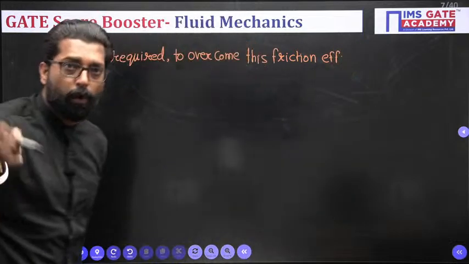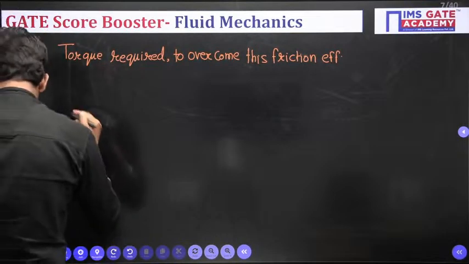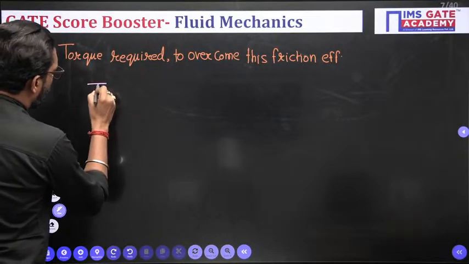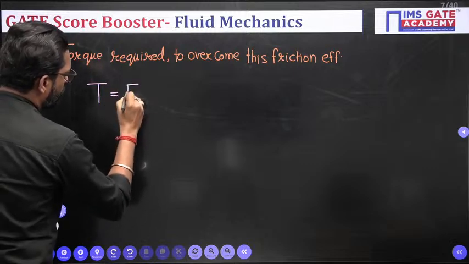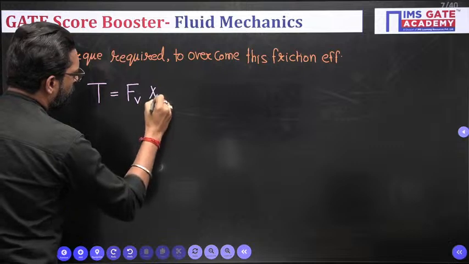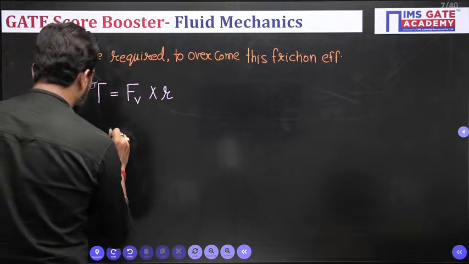That means if you want to overcome this frictional effect, the torque is equal to this viscous force into the torque arm, R. R is the radius. So what is the viscous force?